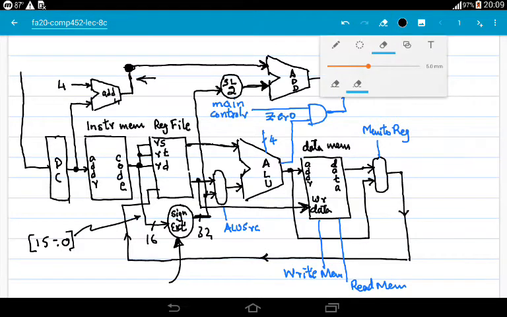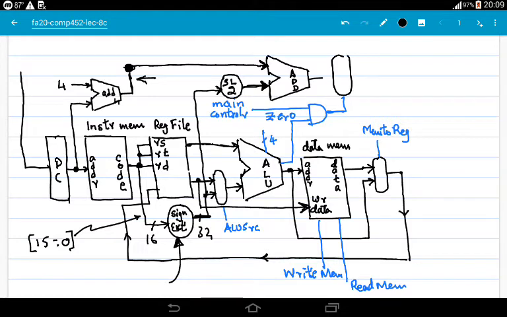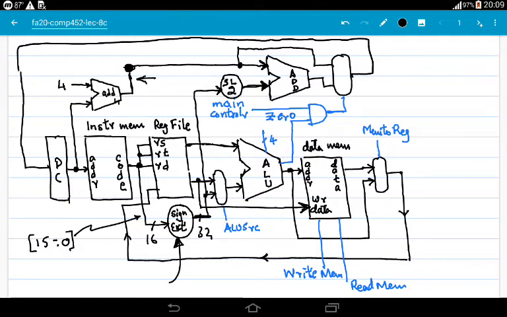Oh, I'm sorry, I should have changed my writing tool. So this is another multiplexer, and one of its inputs is this number, and its other input is this number, PC plus 4, and its output is routed back to the program counter. Okay, got it?